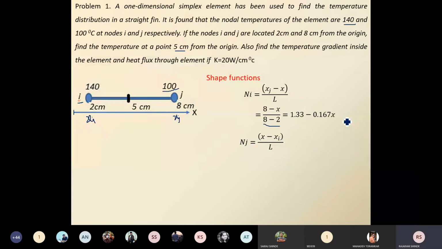Akshay Shinde. Yes, sir. It is (x minus 2) divided by (8 minus 2). Now you see here, is it correct? You check it. Kunal Patel, is it correct?